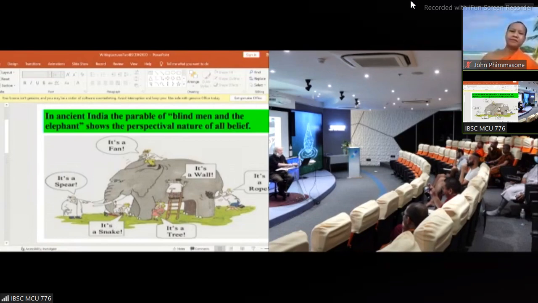Another, feeling the trunk, says, oh, it's a snake. Feeling the ear, it's a fan. Or it's a wall. It's a rope. It's a spear. They're all giving partial perspectives. And that shows that belief is often a matter of perception of an aspect of something.